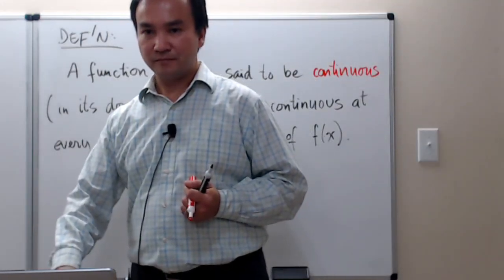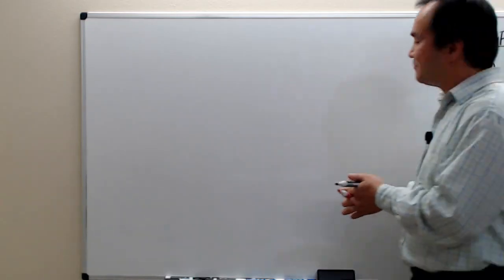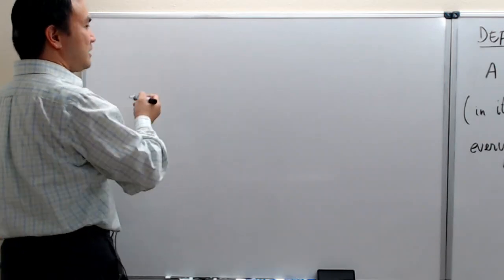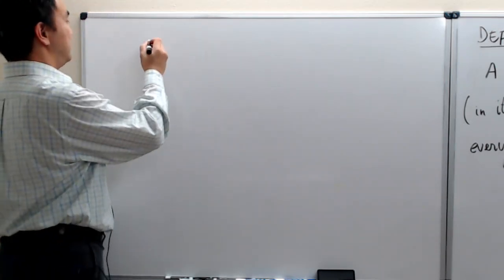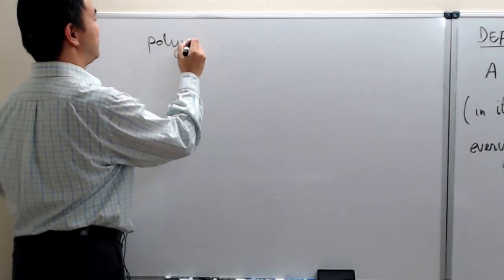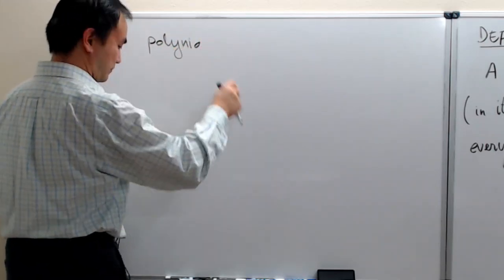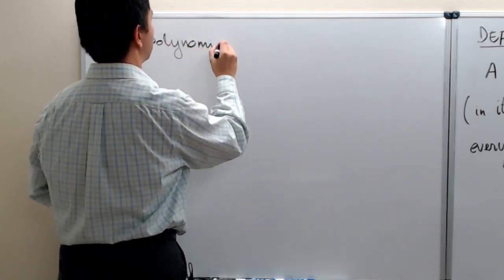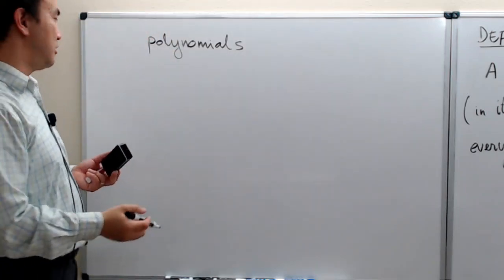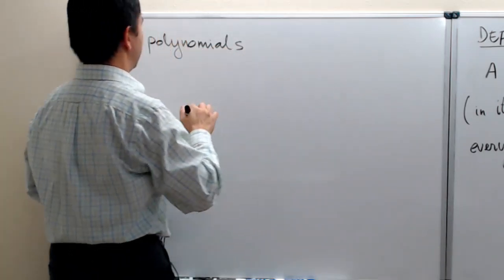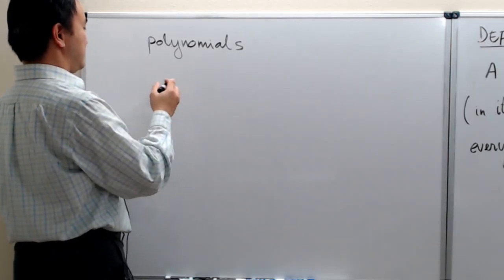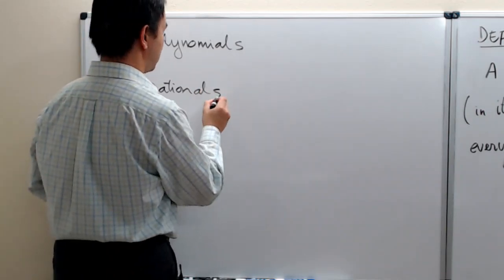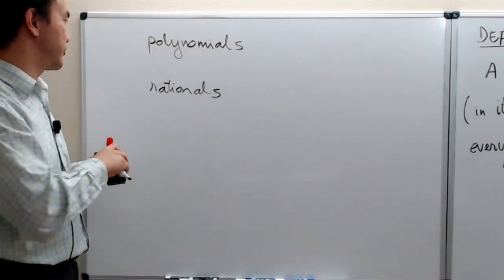So at this point in your learning in mathematics, you have seen polynomials, and then you have seen rational functions, or for short, I call them the rationals.